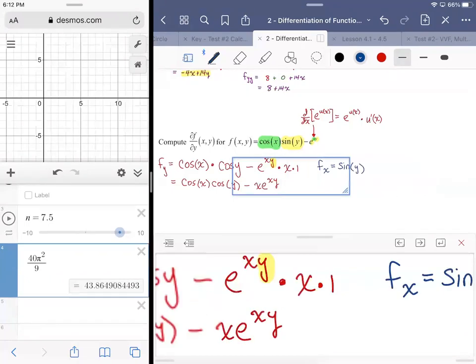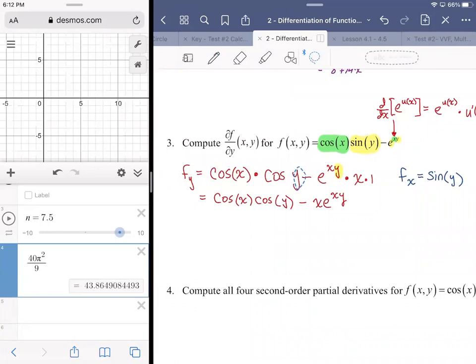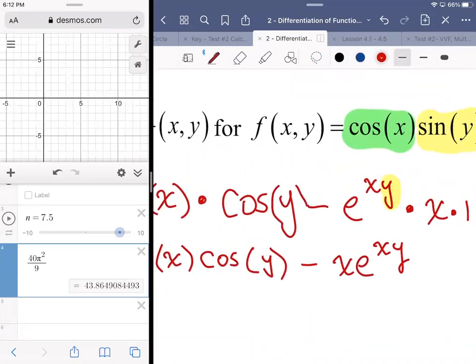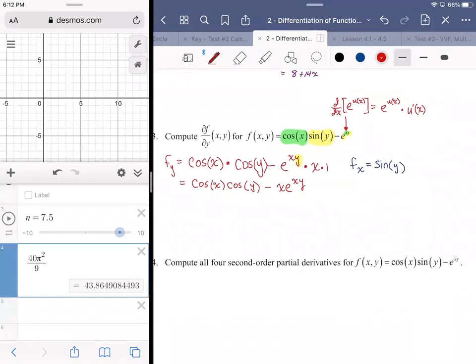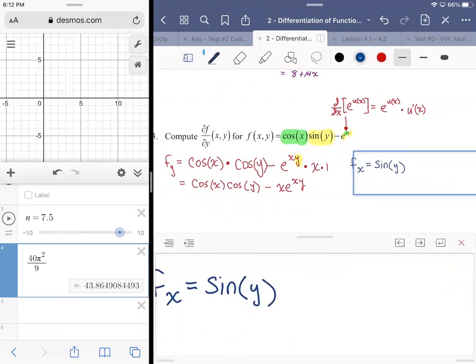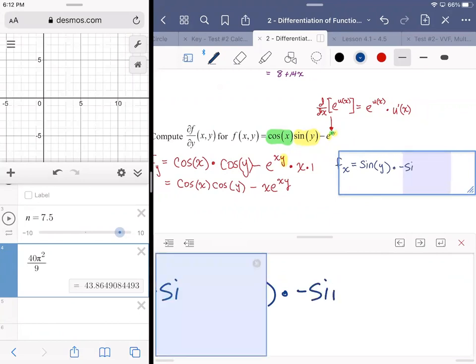I just realized I missed one over here. Get that in there. So sine of y, the derivative of cosine is negative sine.